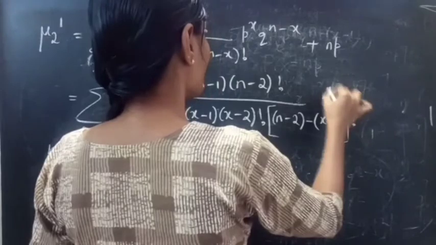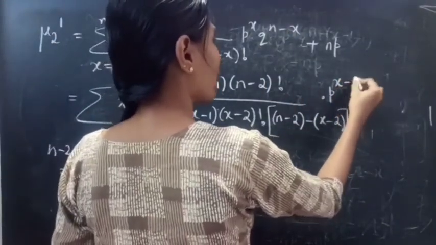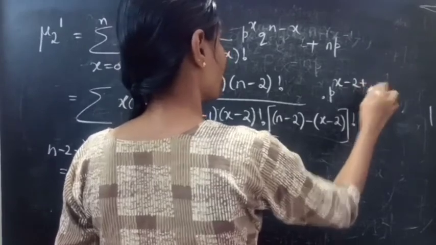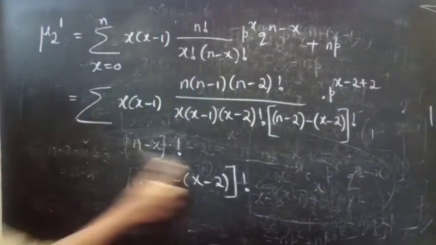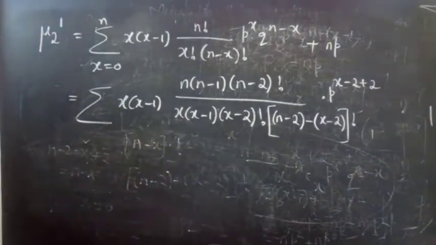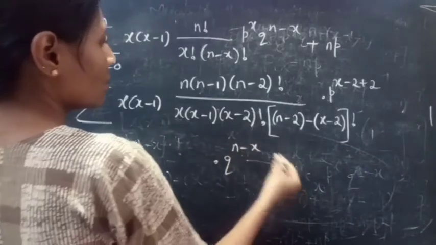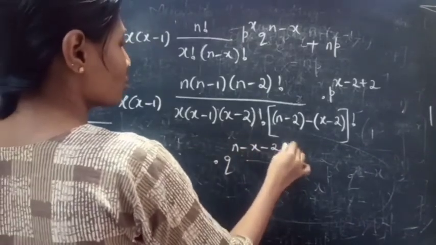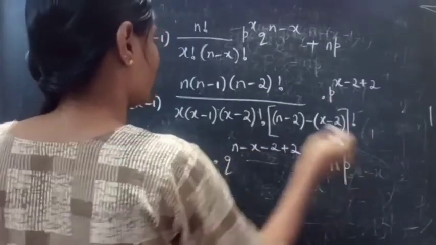And here you're having p power x, right? The power, you can add minus 2 plus 2, into q power n minus x. Here also you can add minus 2 plus 2, and plus np.